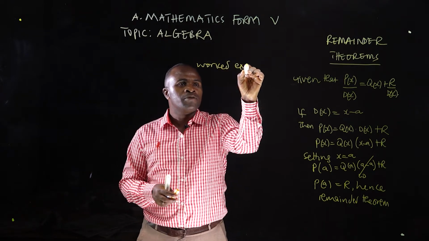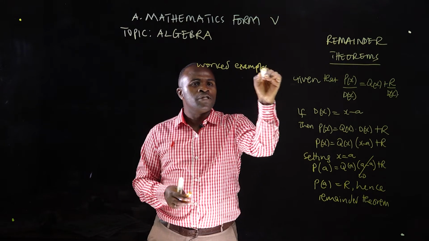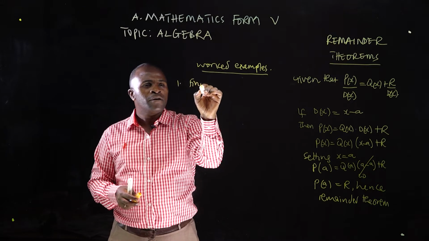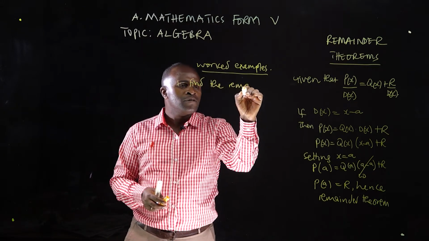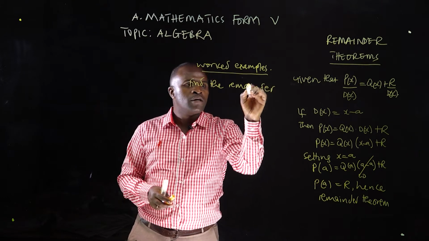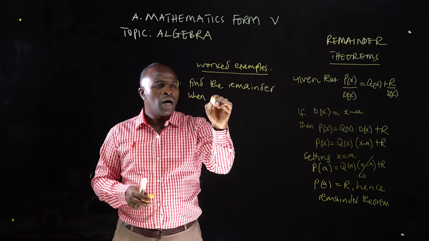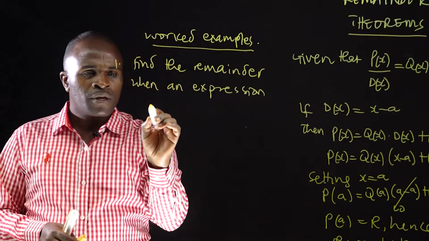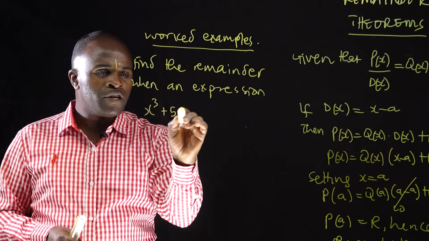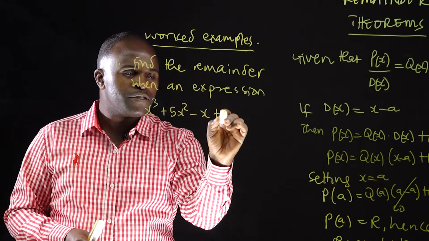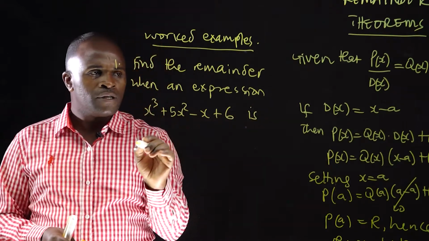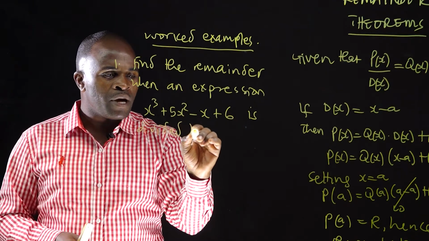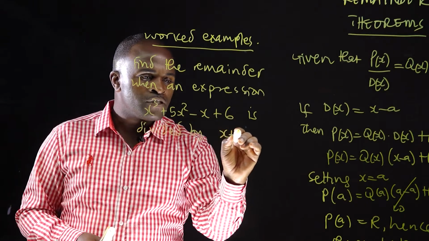Worked example one says, find the remainder when the expression x power 3 plus 5x squared minus x plus 16 is divided by x plus 4.